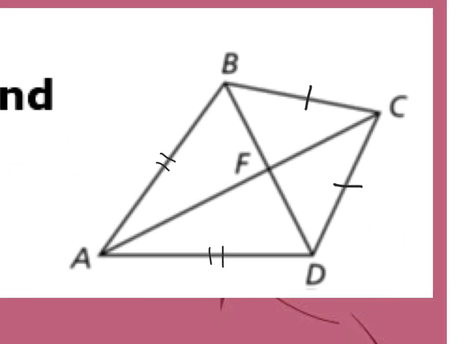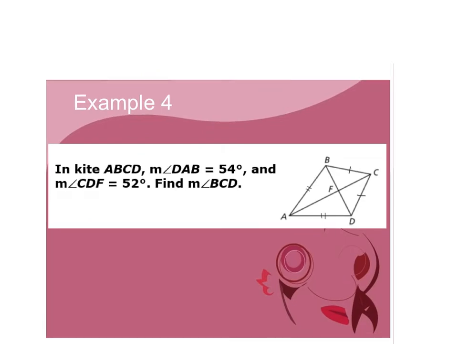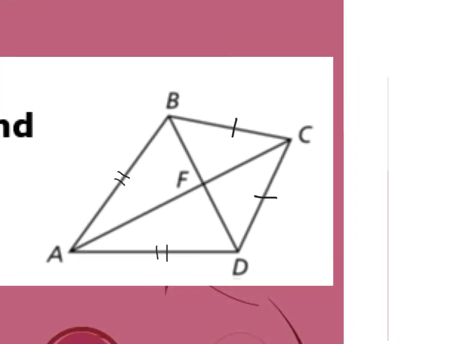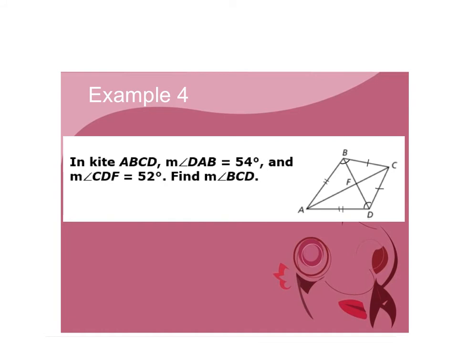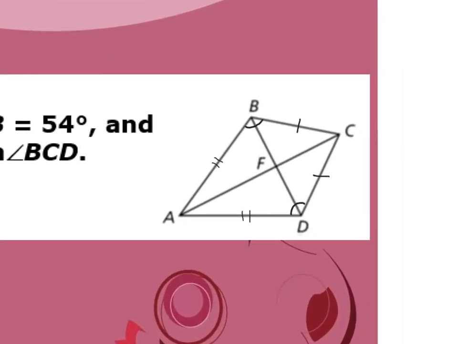So now, based off of that, we know that angle B is congruent to angle D. The angle as a whole. Let me answer the question you just asked based on something else, though. It says angle DAB, this one right here, DAB is 54 degrees.